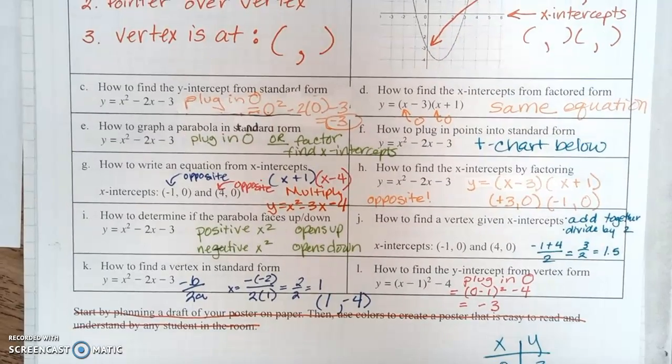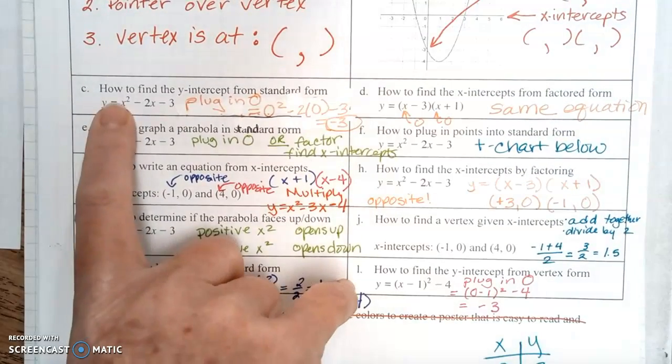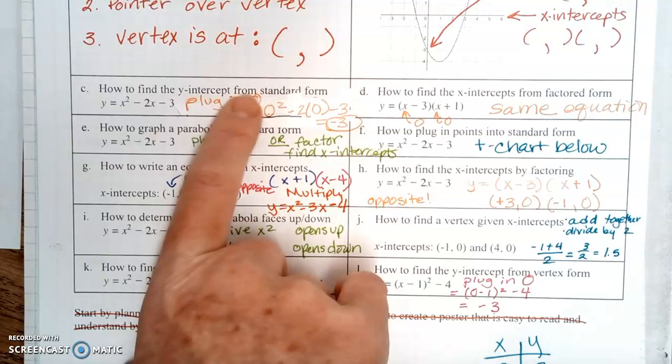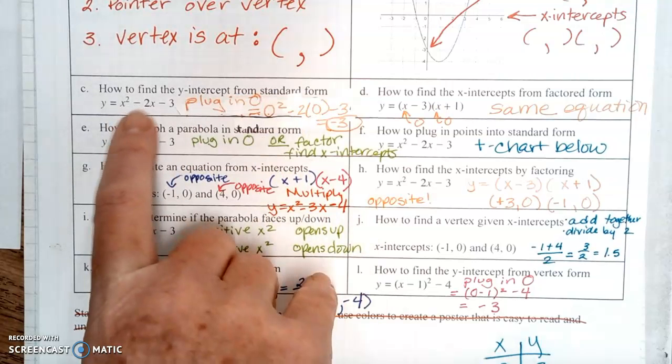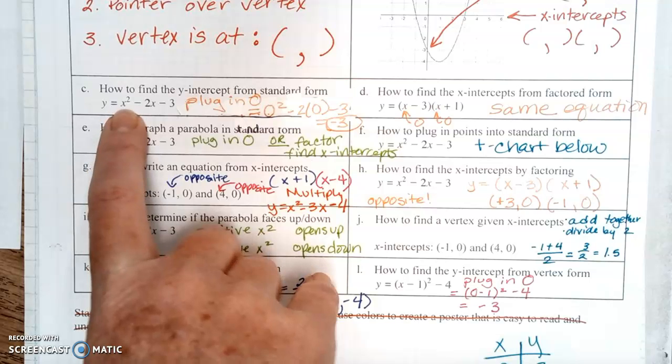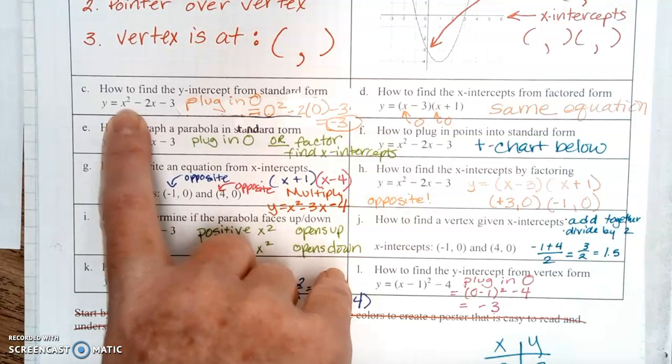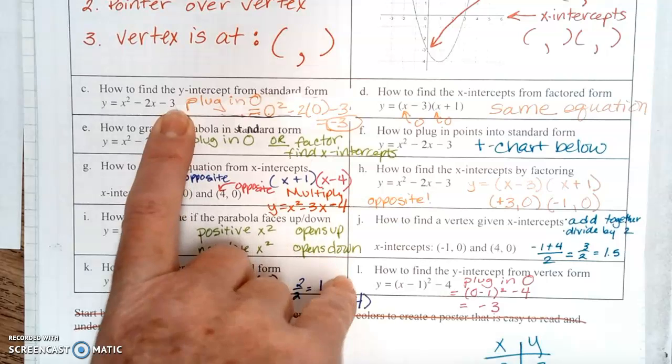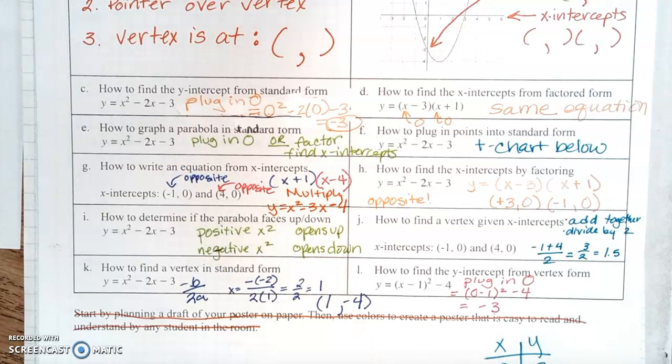Box C says, how do you find the y-intercepts when you are in standard form? So standard form is x squared minus 2x minus 3. To get the y-intercept, you're going to plug in 0 for the opposite variable. They're asking you for the y-intercept, so you plug in 0 for x. So right here there's an x, and right here there's an x.